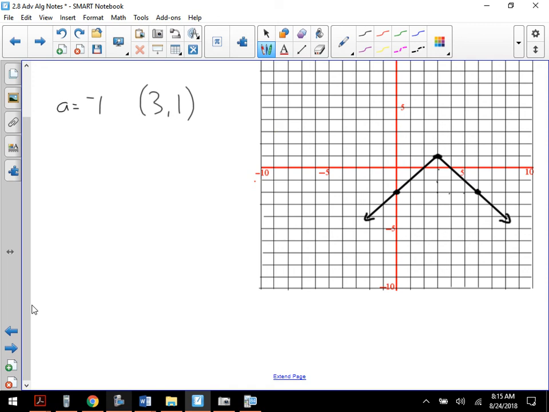Put it all together. Y equals A, absolute value x minus h plus k. So it's negative 1, absolute value x minus 3 plus 1. Do you have to put the 1 there, or you can just put negative absolute value? Either one of them is fine. If you want to save ink, go for it.